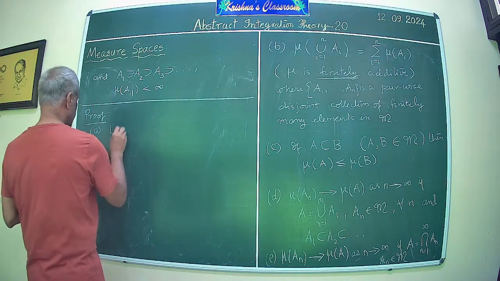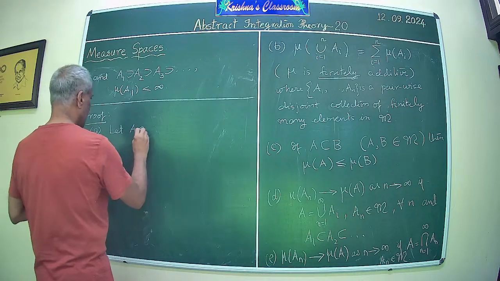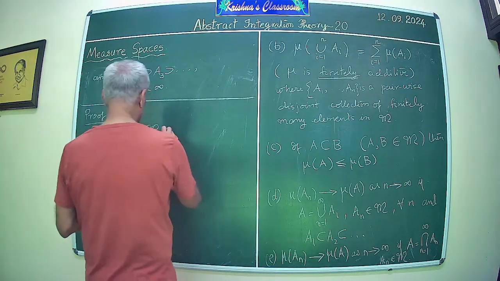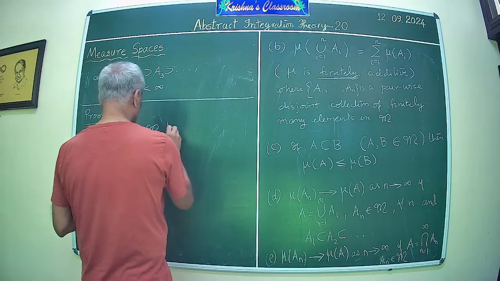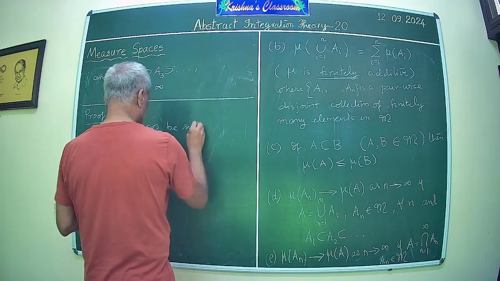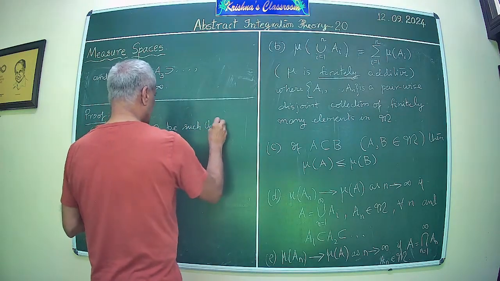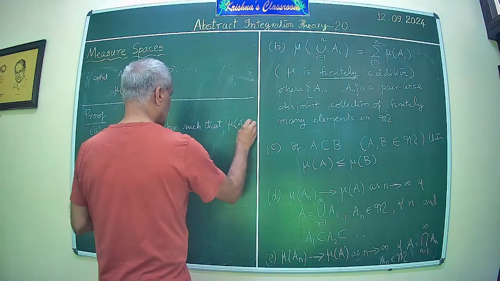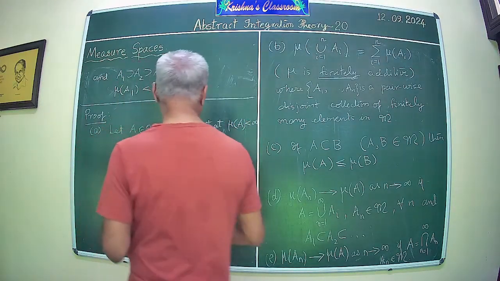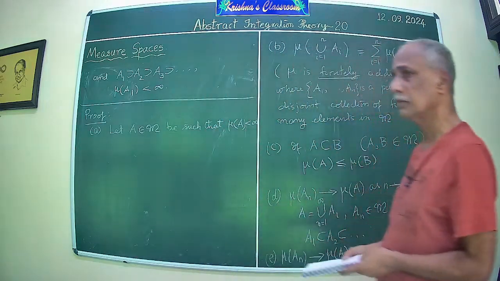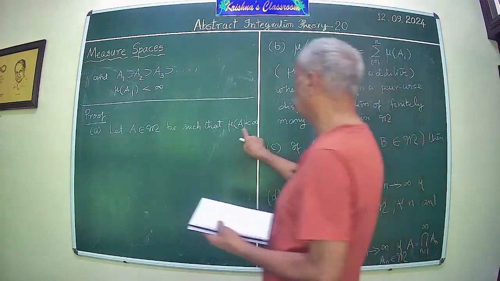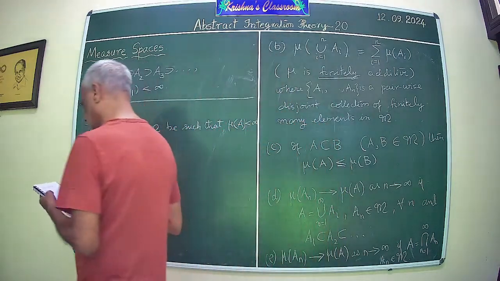Let us take it: we have assumed that there exists a set A with the property that mu of A is finite.